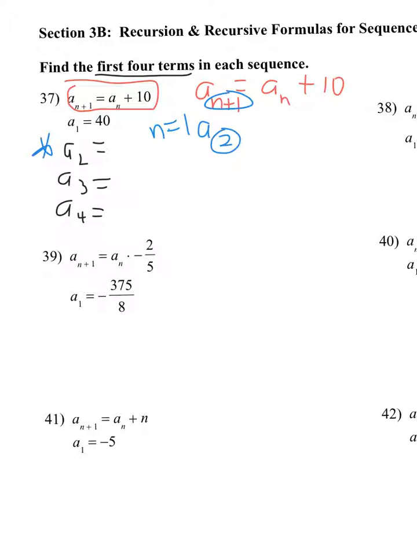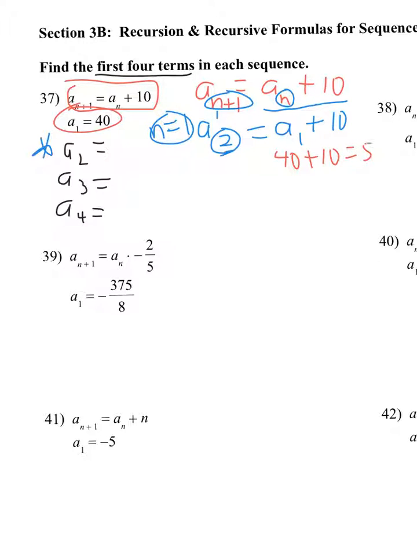Hopefully you can see that n would equal 1 when we're trying to find A2, because if I had 1 plus 1, that would give me this 2 right here. So if n is 1, then I look over on this side and I have A with the subscript of n, so that's going to be A1, and I add 10. Well, what is A1? A1 is 40, so it's going to be 40 plus 10, which equals 50. So I just found A2 to be 50.